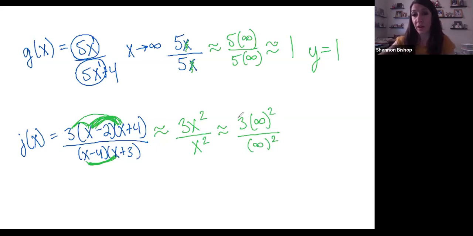So now you've got 3 cajillions divided by 1 cajillion. Not a trick question. Think about it for a second. What is 3 cajillion divided by 1 cajillion? 3 cajillion divided by 1 cajillion is pretty much 3.